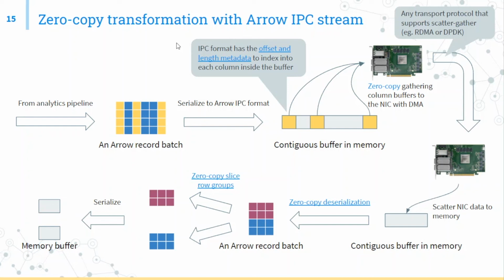The transferring can run on any transport protocol that supports scatter-gather, such as RDMA and DPDK. The receiver SmartNIC can then scatter the received column buffers to a virtually contiguous Arrow IPC buffer residing in the receiver program's processor memory on the ARM subsystem of the card.